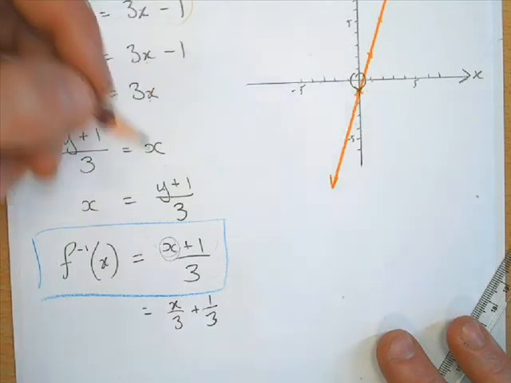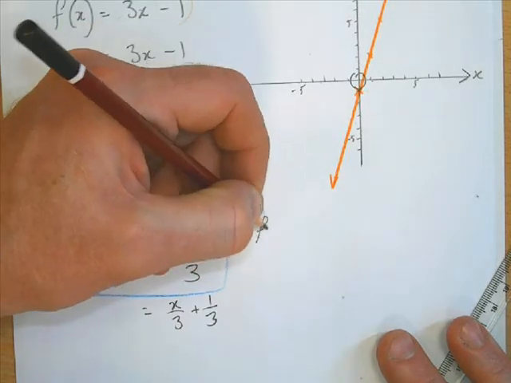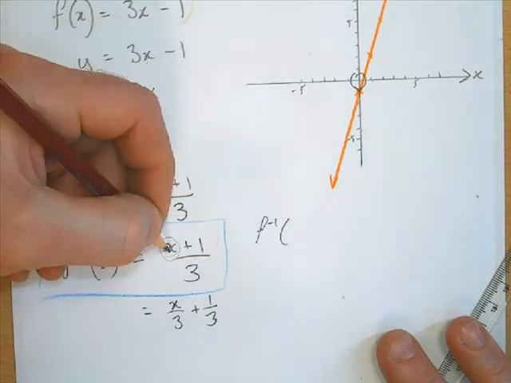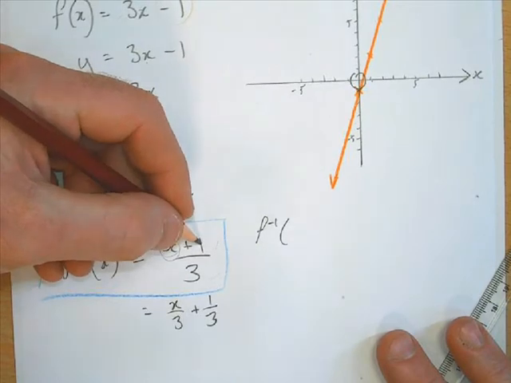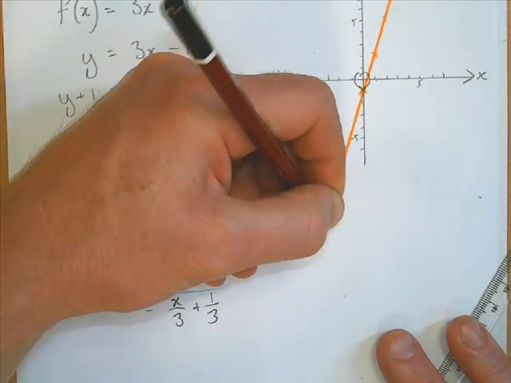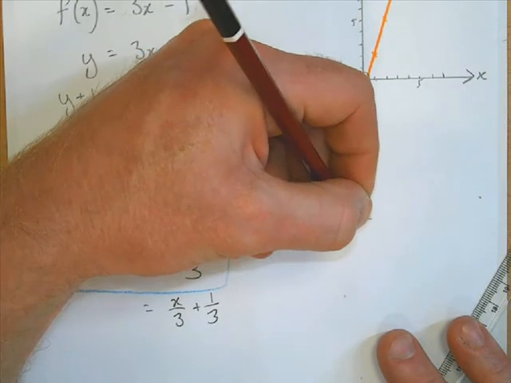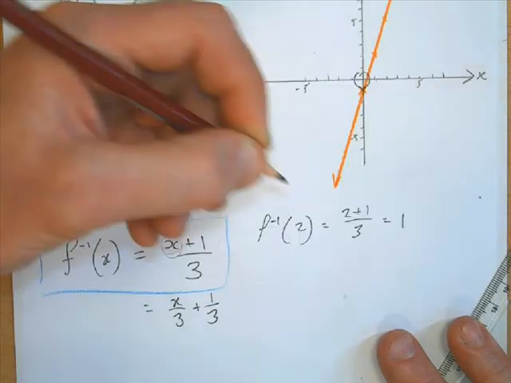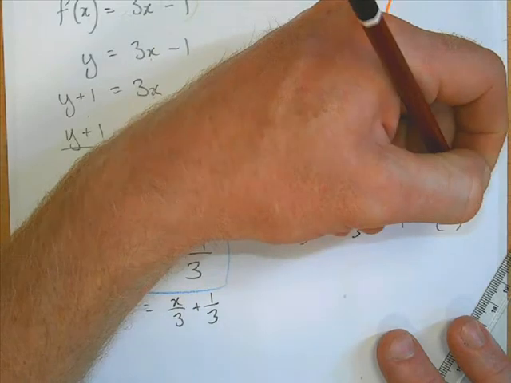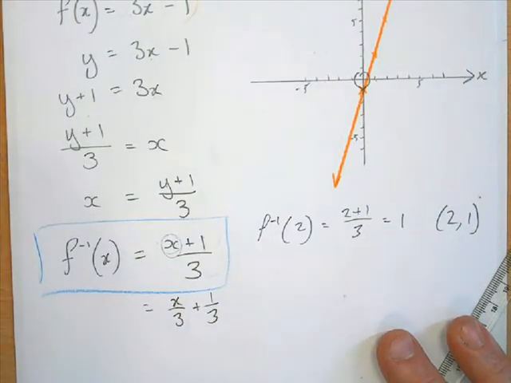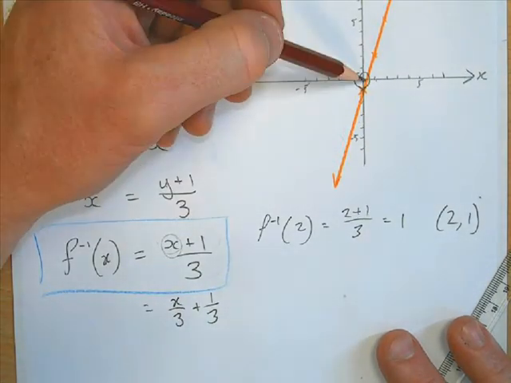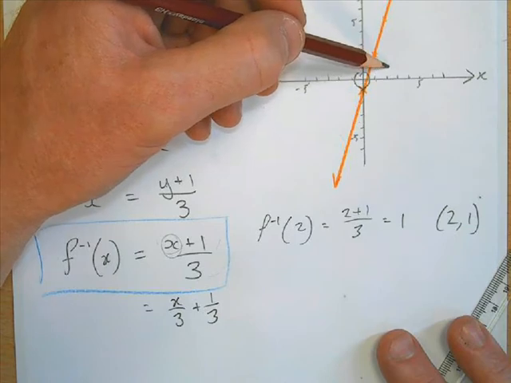So for example, let x be 2. 2 plus 1 is 3, and 3 divided by 3 is dead easy, it's 1. So that coordinate is going to be 2, 1. And we can now put that onto the graph. You go along 2 and up 1, and you can put a little mark there, in a different colour.